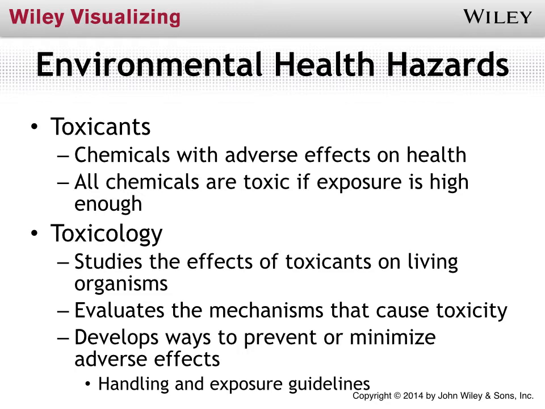So back to environmental health hazards. A couple of definitions. We're going to use the word toxicant, which is any chemical that has negative impacts on our health. And basically all chemicals are toxic. It's just a matter of how much exposure results in injury or death or some sort of negative process. We'll talk later that dust is considered an air pollutant.